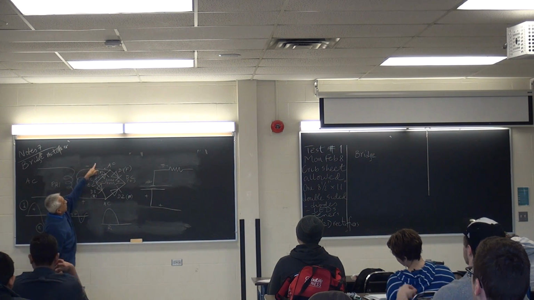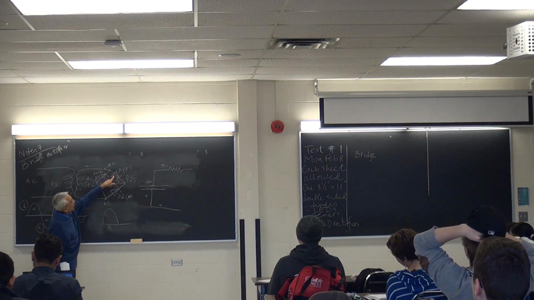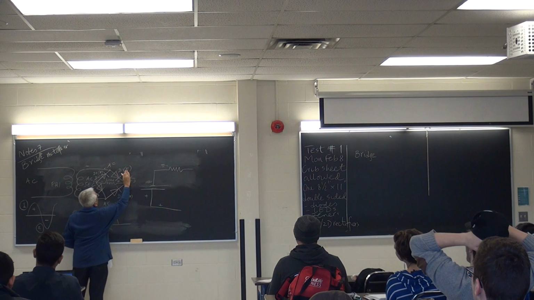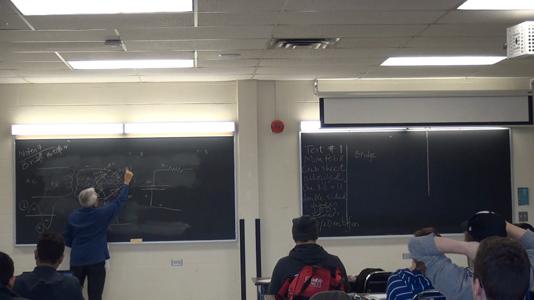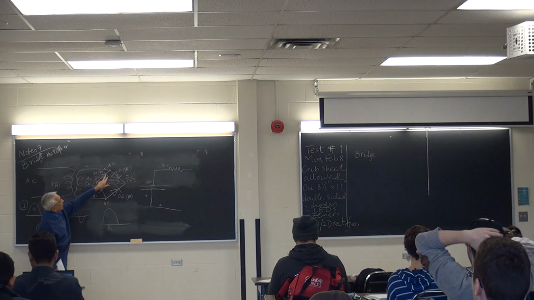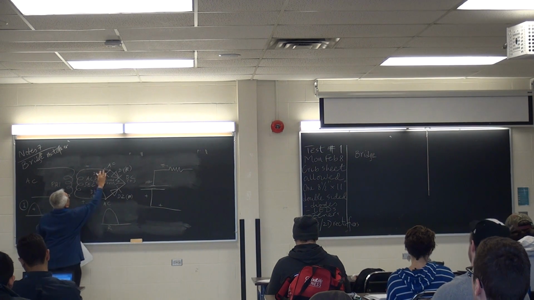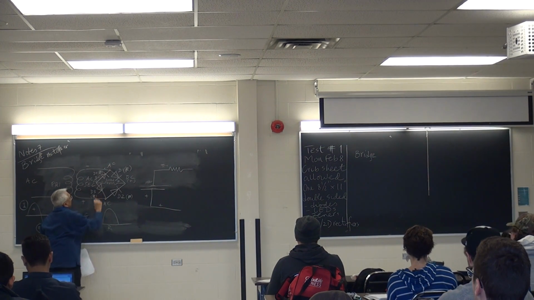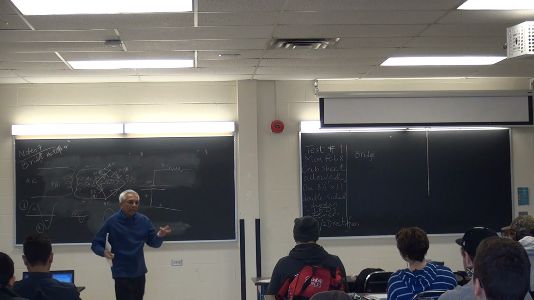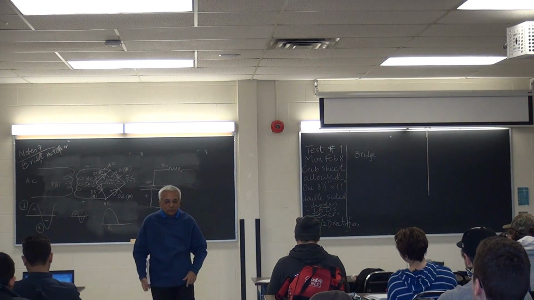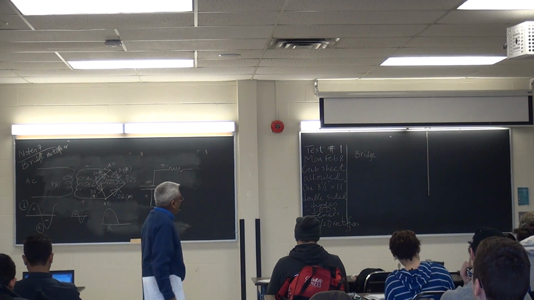With the minus on the anode side of D1, that's no good, reverse. Minus on the cathode side of D4, reverse becomes forward. So what was forward becomes reverse, what was reverse becomes forward with the negative half cycle.